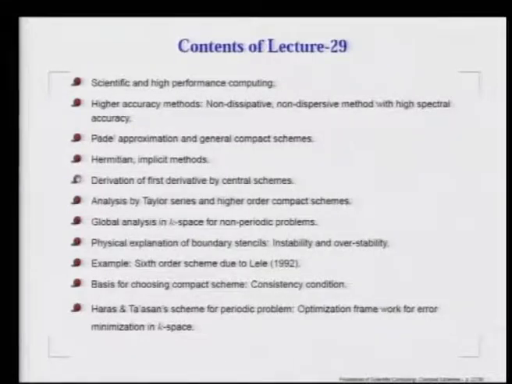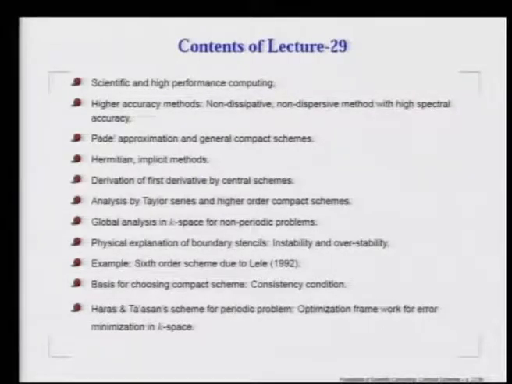We begin this discussion by talking about the derivation methods for first derivatives, adopting methods with stencils which are essentially symmetric or central, and by using Taylor series analysis, we can set up methods which are called high order compact schemes.